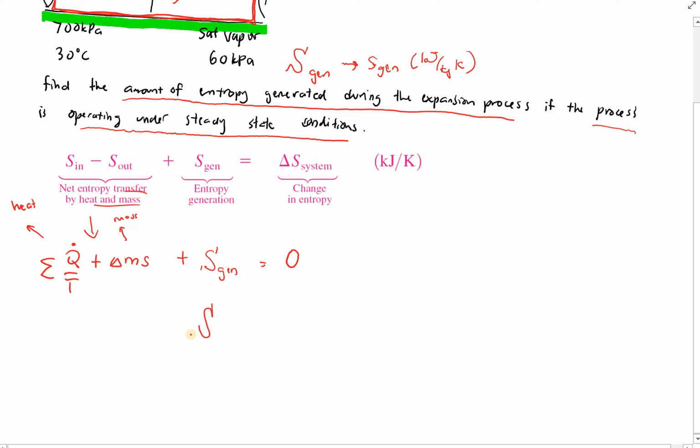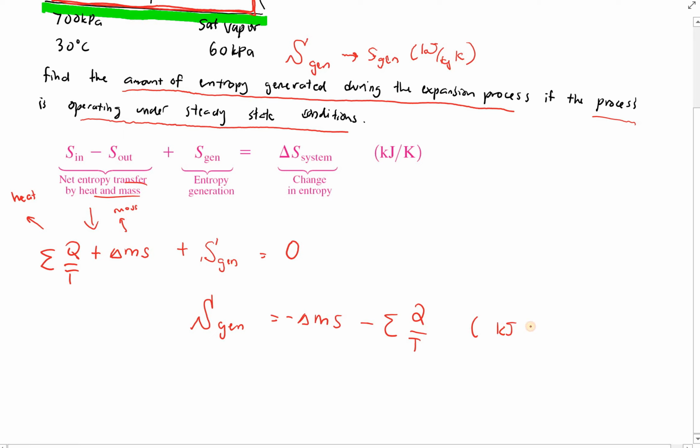So your S gen is equal to the mass flow rate times the change in s, plus or minus Q over T, because you move it there. Oops, no T, no dot there. This one is in the unit of kilojoule per Kelvin.